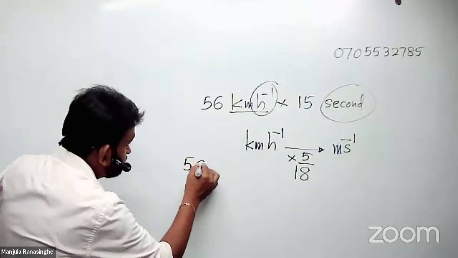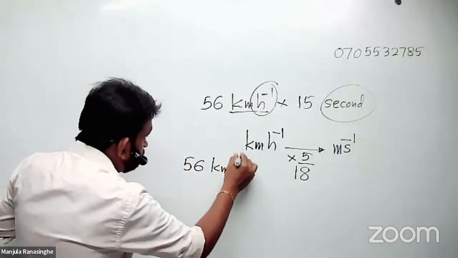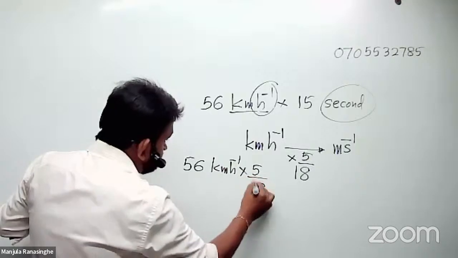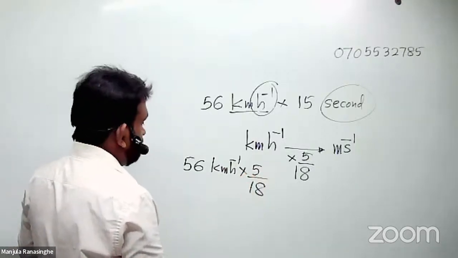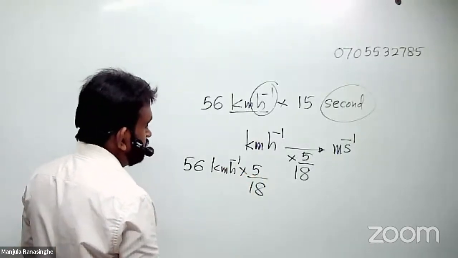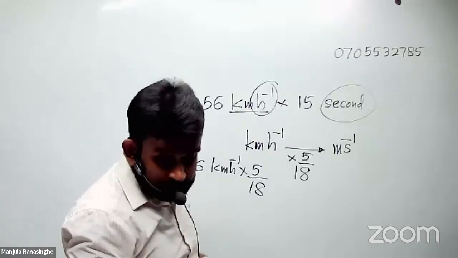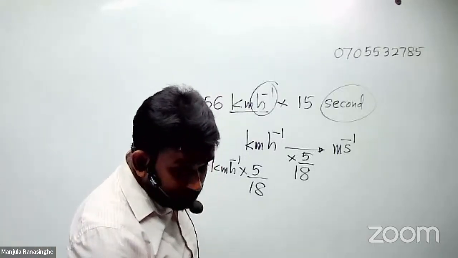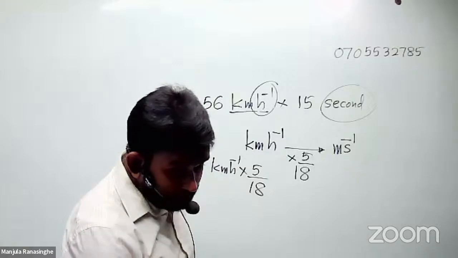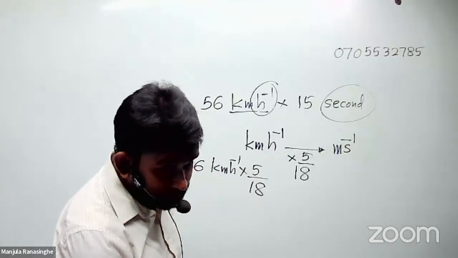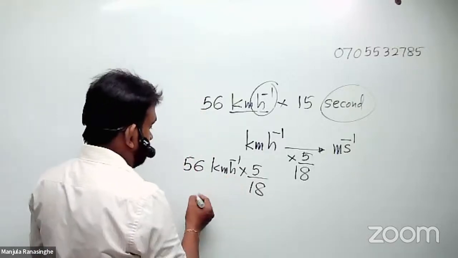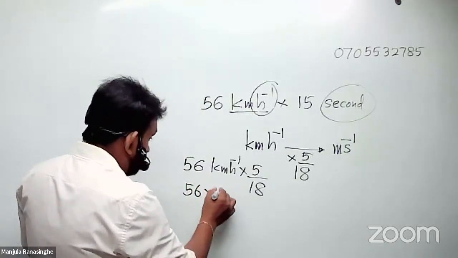So what you do now: 56 kilometer per hour, convert with 5 upon 18. Can it simplify? Yes, 56 into 5 upon 18.